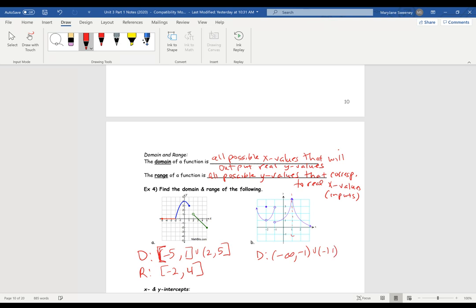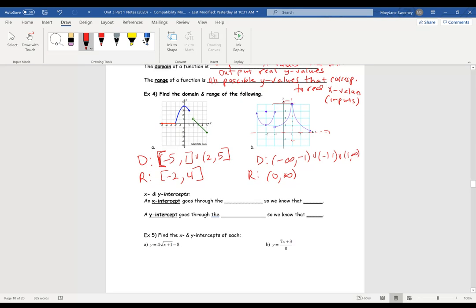So to 1, and then 1 to infinity. Range, we're going 0 to infinity. So it's kind of looking like they're showing there's a horizontal asymptote at 0, and then we have every y value accounted for onto infinity.